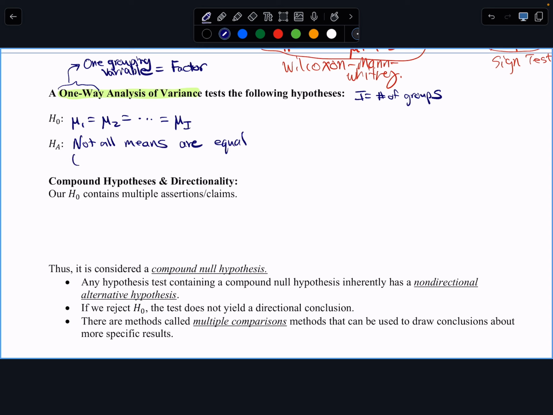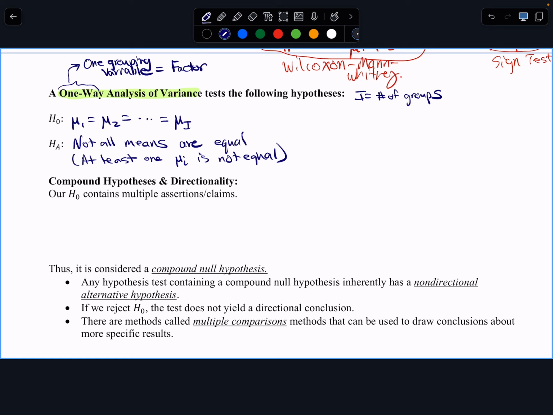Some people say at least one mean is not equal. All right, and notice here I use a mu with a subscript I, lowercase I, where it can be one of those means depending on the number of means we have. So at least one of the means is not equal.